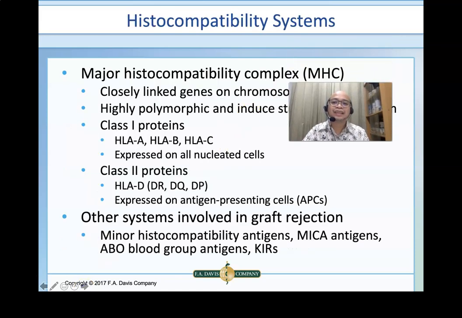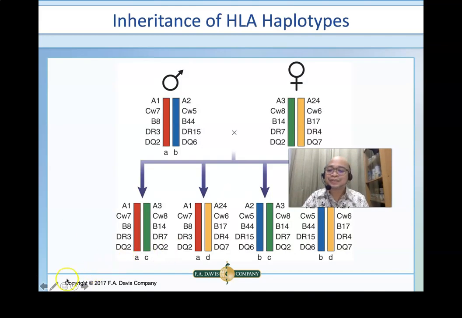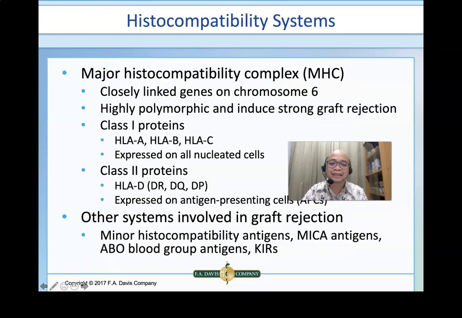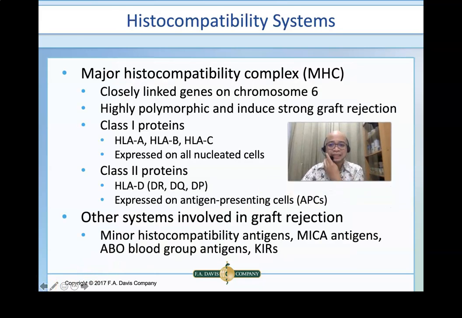Okay, so let's review the major histocompatibility complex, or the MHC. As we all know, these are closely linked genes found on chromosome number 6. And these genes of the MHC are highly polymorphic, thereby can induce a very strong graft rejection.